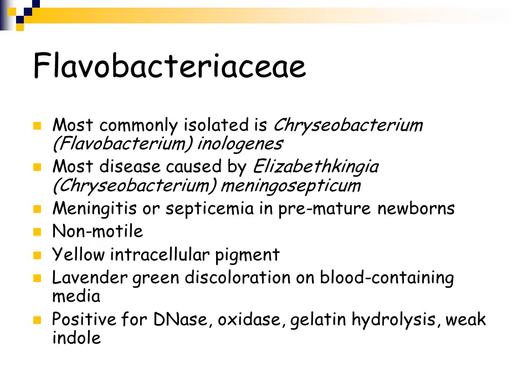Now, these Flavobacteriaceae members can cause meningitis or septicemia in premature newborns. They are non-motile. They tend to produce a yellow pigment. They can cause a lavender green discoloration on blood-containing media like your 5% sheep blood agar. They're positive for DNase, oxidase, gelatin hydrolysis, and weakly positive for indole. So they are oxidase positive organisms, so you can differentiate them from the Enterobacteriaceae family members.